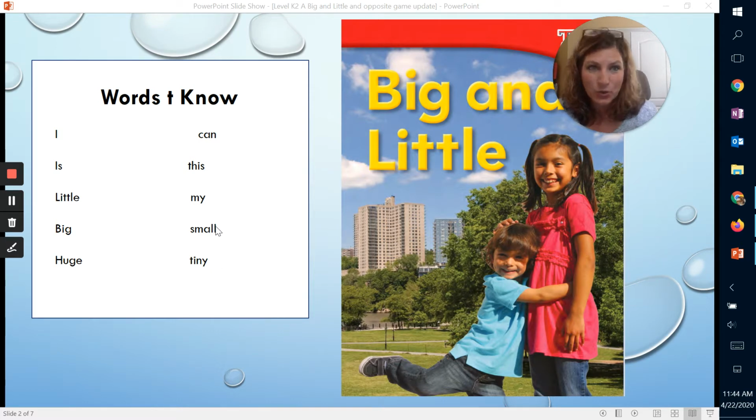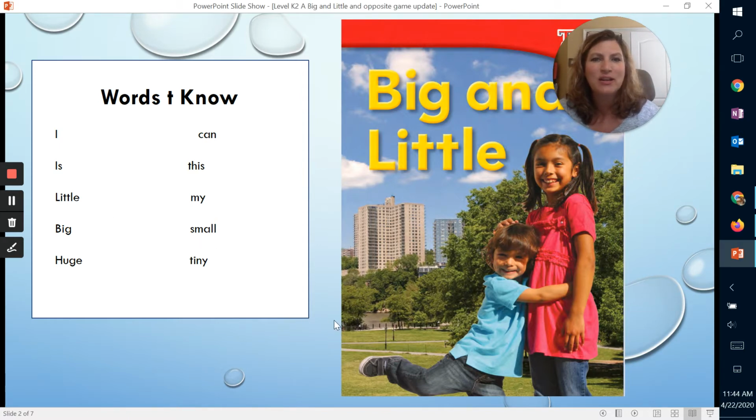Now, some of these words are not actually in the book, but Miss Proctor wanted to give you that vocabulary so that you can know that there's another word besides big, and another word you can use is huge. The word little is used in this book, but I wanted you to know that there are more than one word that you can use for little. You can use small or tiny.